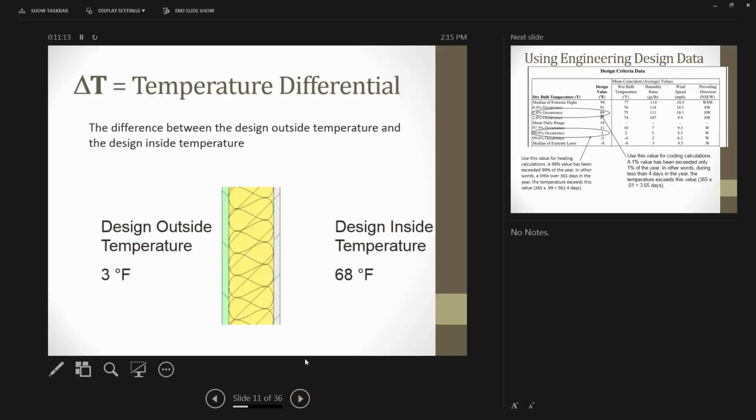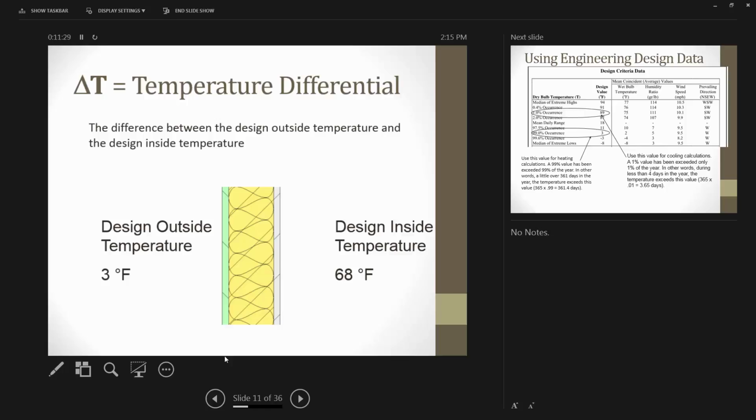The next thing that you have to do is get your delta T, and if you're trying to calculate conductive heat loss for a moment in time, you're going to want what the indoor temperature is and what the temperature is outside.